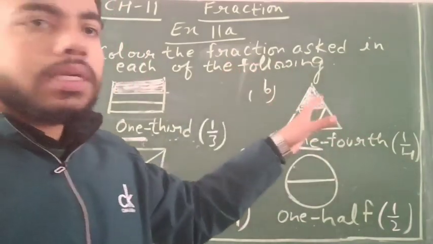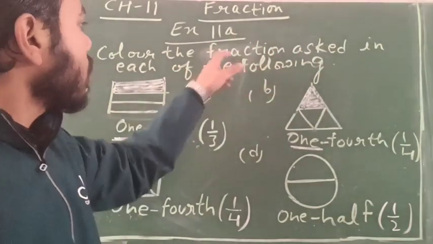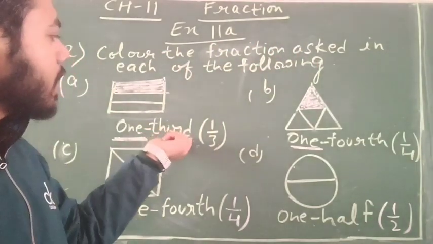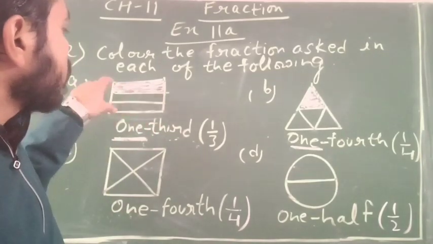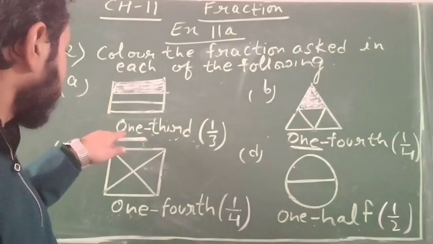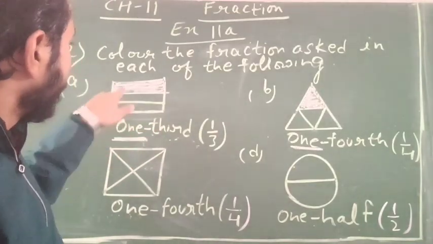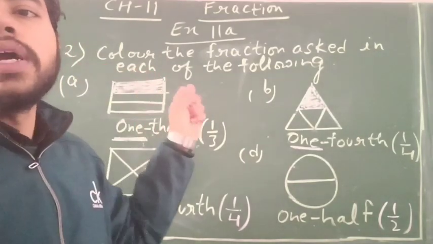According to the question, the question is saying to color the fraction asked in each of the following. So whatever the fraction says, you have to represent it in the figure. You have to color one part, so that figure will be able to represent 1/3.